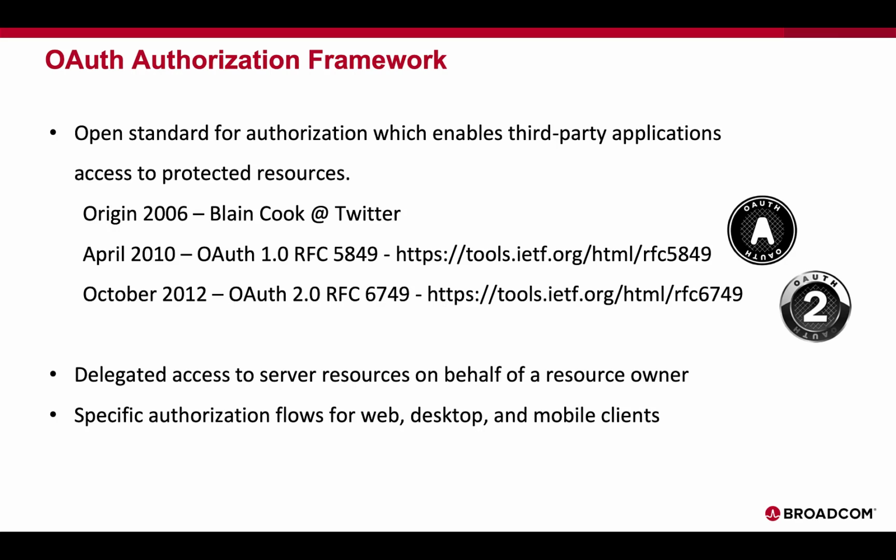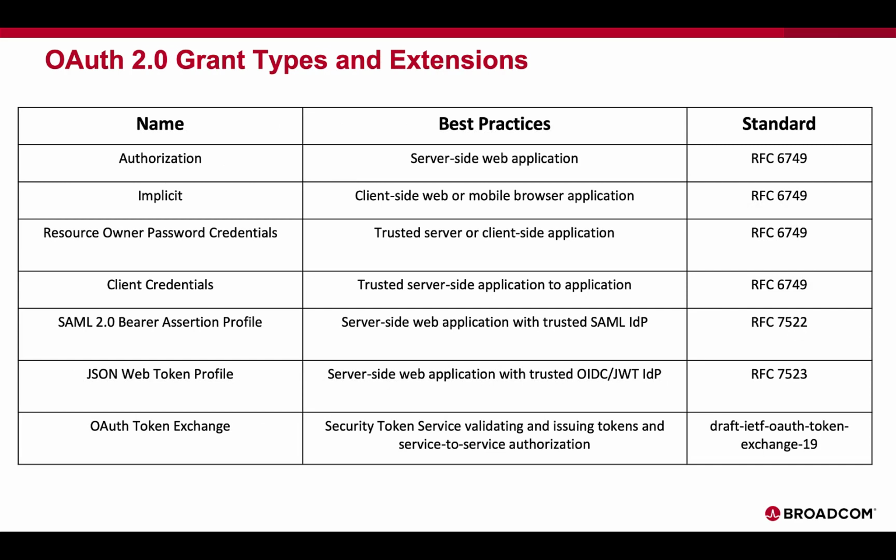The limited access is typically configured using client scopes. Specific authorization flows called grant types exist for web or desktop and mobile clients. This video will focus on the authorization code grant type, but other videos will focus on the other grant types and extensions that we have shown here.